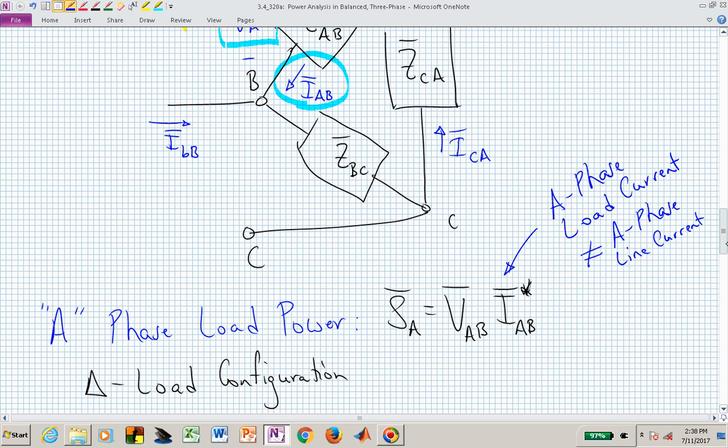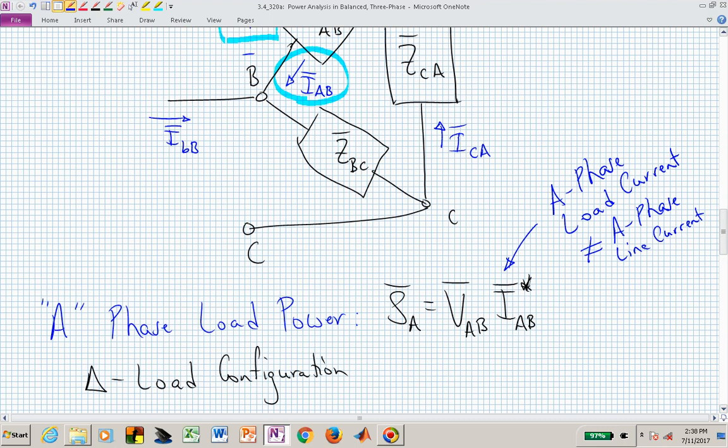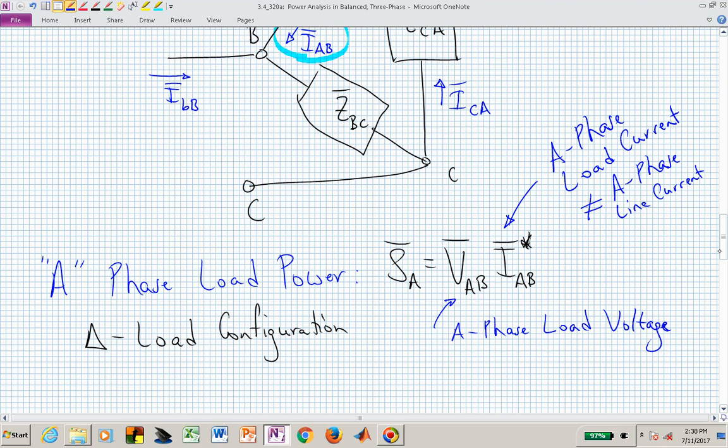What is V sub AB? Well, V sub AB is actually the A phase load voltage, which in this case is equal to the A phase line voltage at the load.